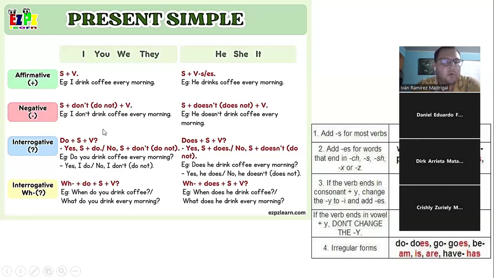And then it's the same when we're writing questions. If it is an affirmative or yes/no question, I use the simple form do. I use the subject, then the verb, and of course, it's a question, so I have to add a question mark.